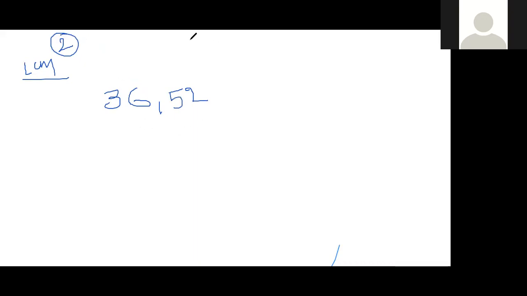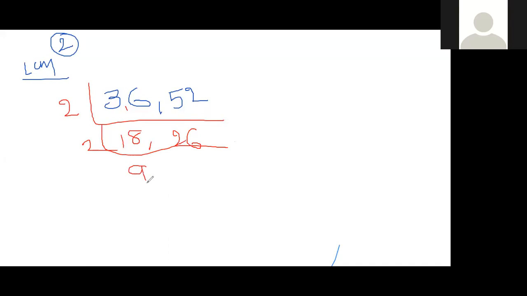Yes. Then you guys know how to find the LCM. Yes or no? Then here take the minimum table, which is what? 2. 2 ones are, 2 eights are, and the remaining number is what? 18. This is 2 twos are, 2 sixes are, and again take that 2 table, 2 nines are.